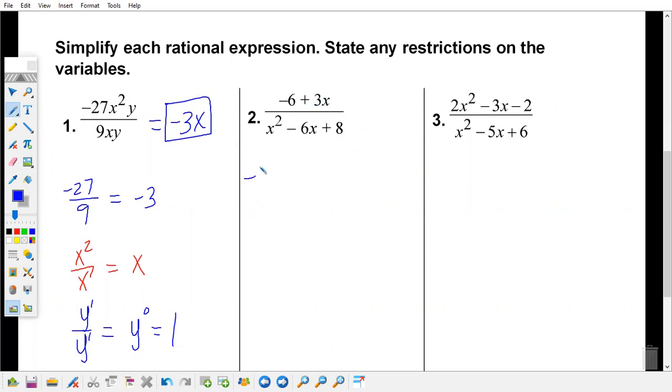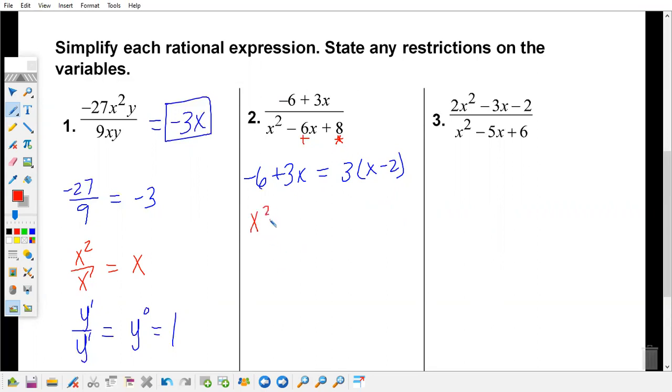If I have negative 6 plus 3x, this is going to factor to become 3 times x minus 2. Agree or disagree? Yes? All right. Now we're going to factor the trinomial. What multiplies to give me 8, but adds to give me negative 6? Negative 2 and negative 4.